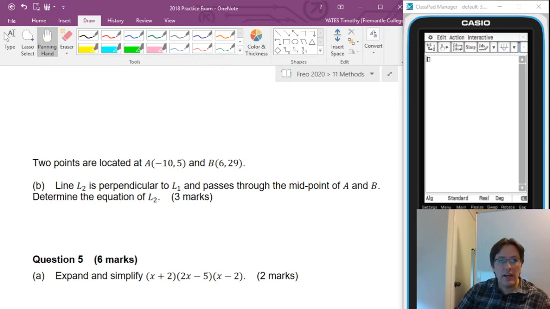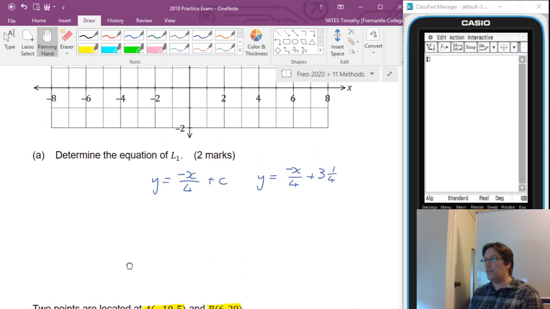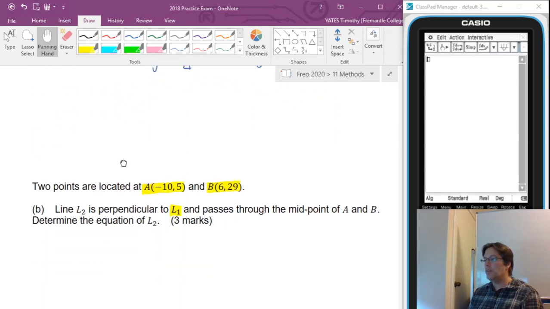Now let's get a bit of extra space in here. 2 points are located at these 2 coordinates. Line L2 is perpendicular to line L1, so that's L1.